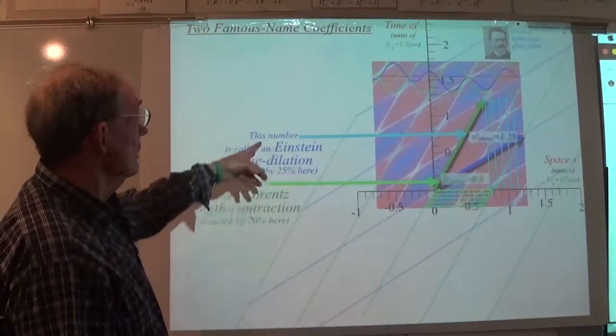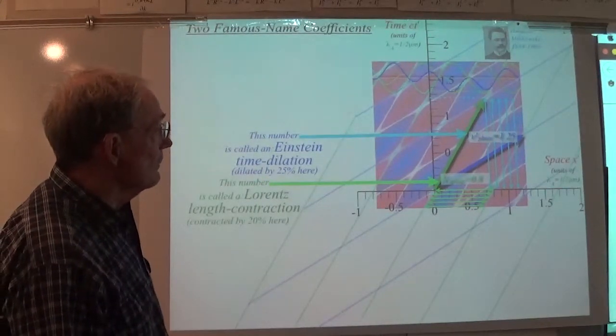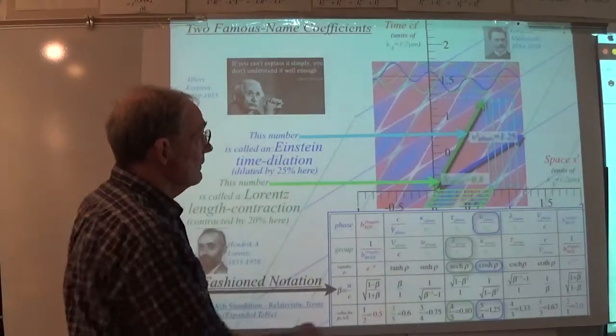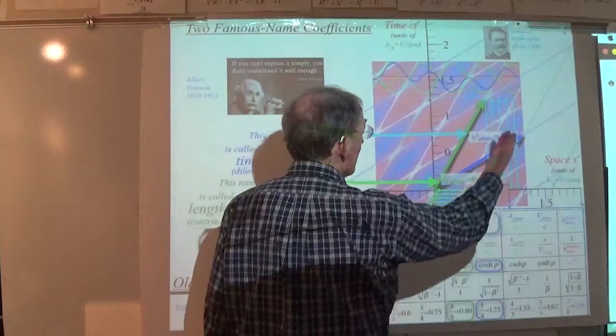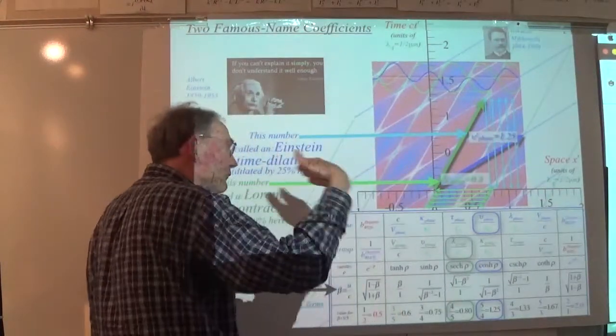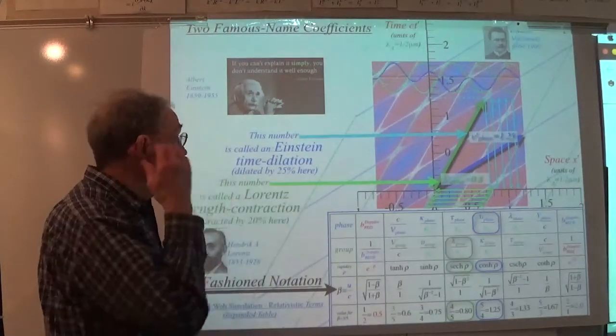But here we get to look at the famous guys, okay? This is the one that's Einstein's. This is the Einstein time dilation, where you get a 25% increase in how sluggish you are on your clocks. You have dilated by 25% here.